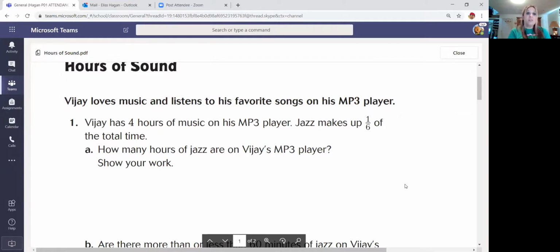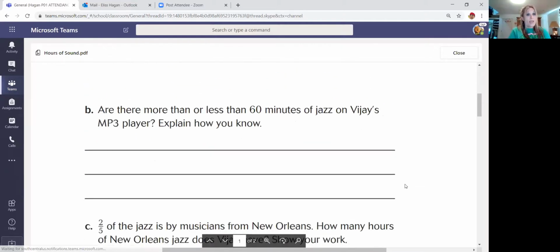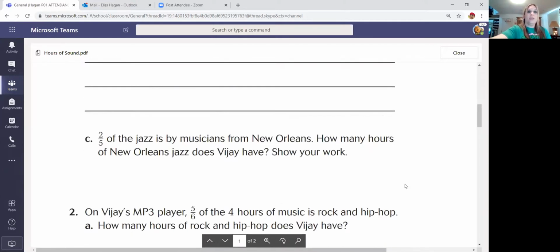Multiplying them. So perhaps for 1a, you can multiply the whole number times the fraction to see how many hours of jazz are on his MP3 player. Does he have more than 1 hour of jazz on his MP3 player or less than 1 hour? Then continue with each problem.